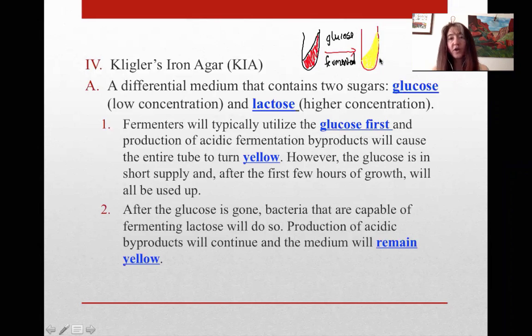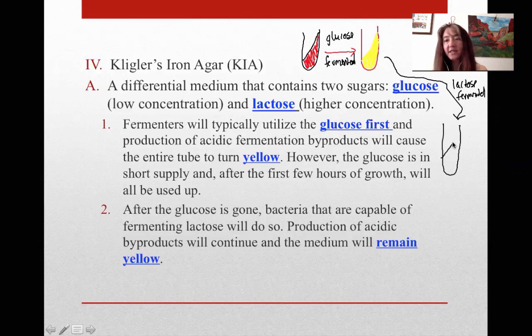Now, if we let it sit longer, though, the bacteria are going to have to make a choice. They're going to have to move on to lactose. So say that a bacterium can ferment lactose. That's the fun arrow of the day. So if they can ferment lactose, then lactose will be fermented. And you guessed it, the slant will stay acidic and it will stay yellow.